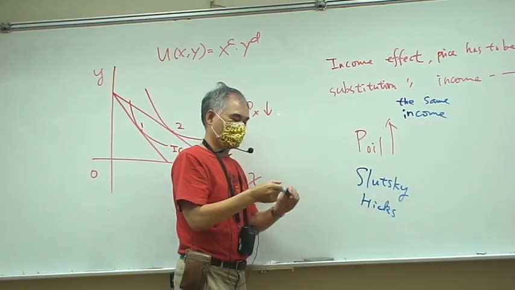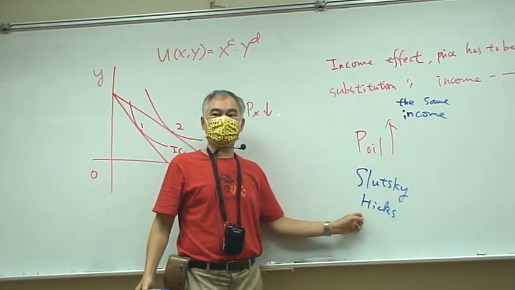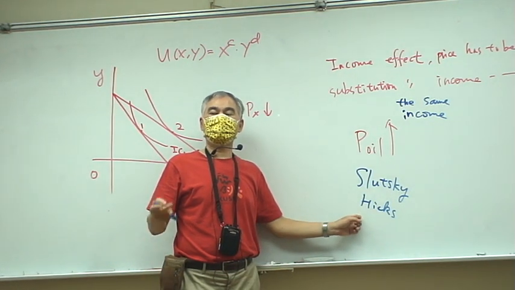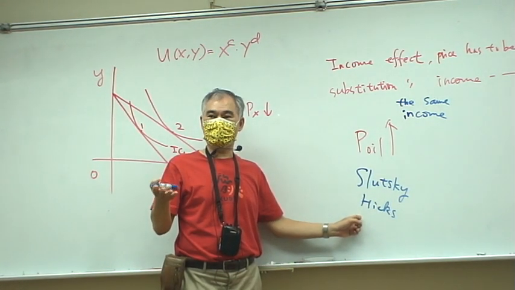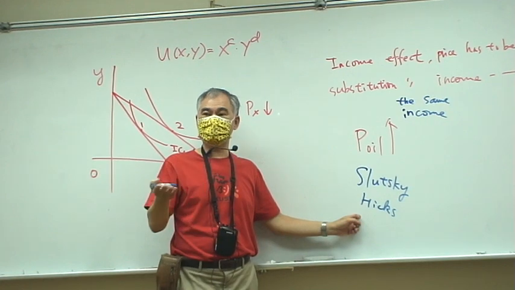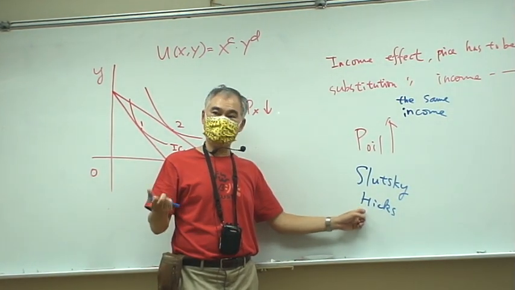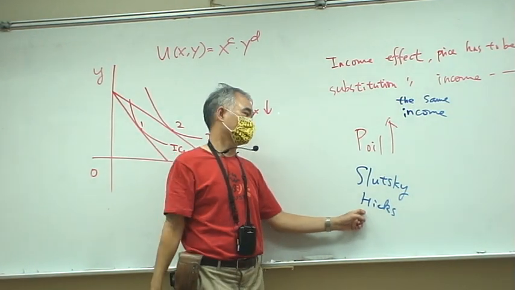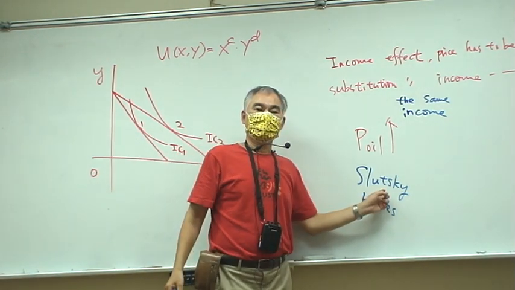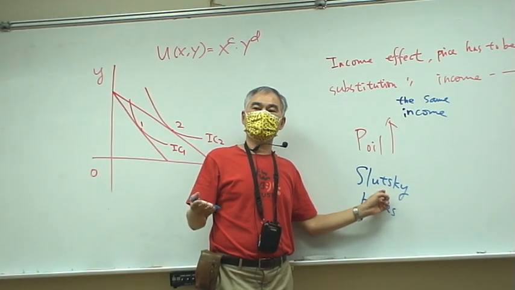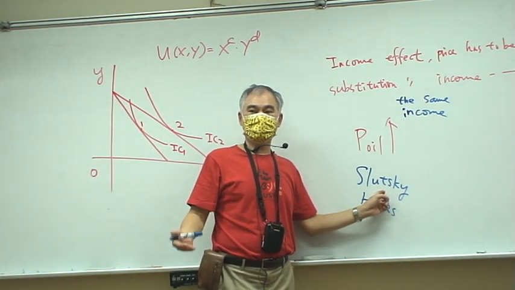What's the difference? Hicks said that if you can have the same satisfaction level, if your satisfaction is the same, or your indifference curve is the same, it means you have the same income. And Slutsky said, if you can purchase your original bundle, that would be the same income.